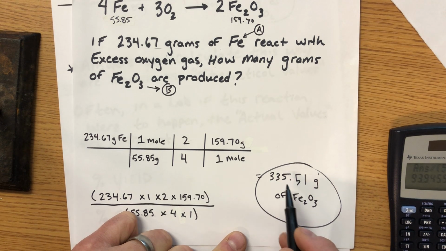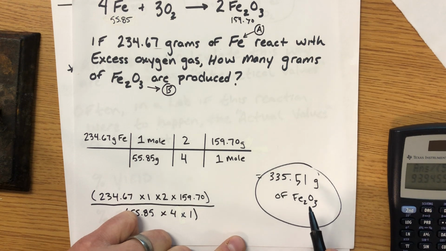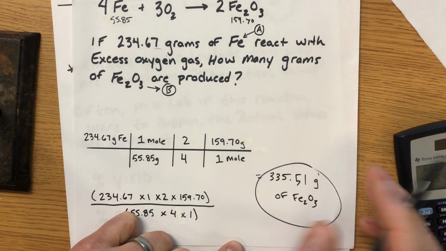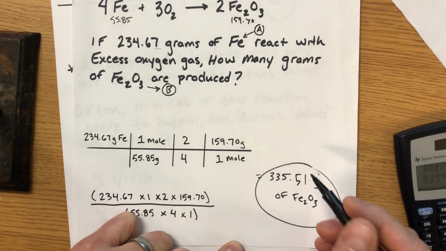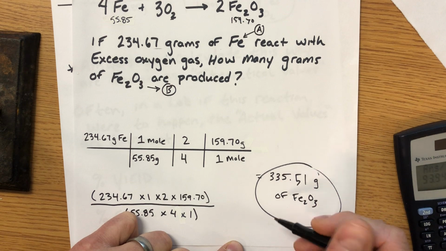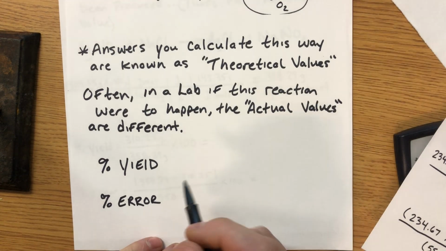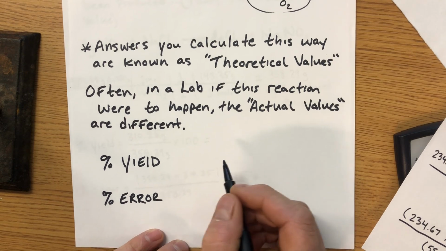The fact is that if you did this in a lab, you'd probably produce a different value, and that's just because lab conditions can keep reactions from happening efficiently or whatever. It just never quite works out in an actual setting the way that it does on paper. And that's where these calculations of percent yield and percent error come into play.